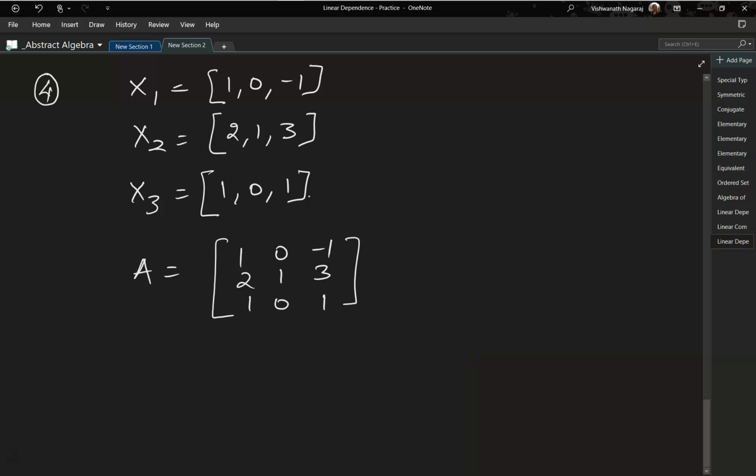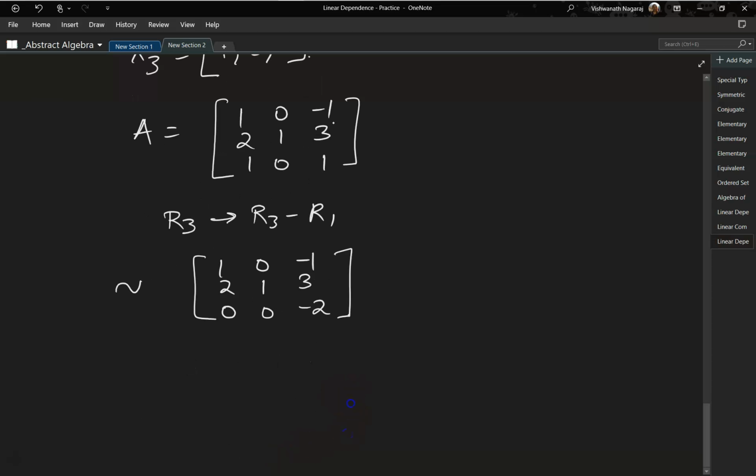And now let's reduce it. So R3 minus R1. So the equivalent would be 1 0 minus 1, 2 1 3, 0 0 2. Now let's take care of this.